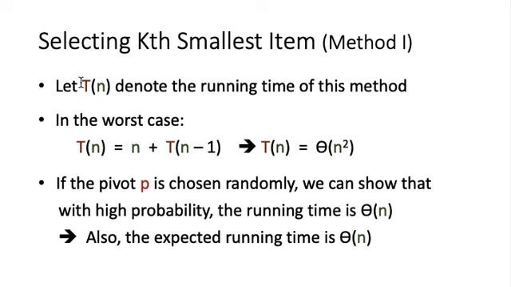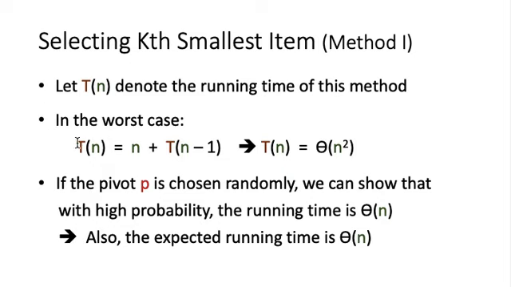Now let us use T of n to denote the running time of this method. In the worst case, what could happen? In the worst case, the pivot is so bad that we are not partitioning things at all, so all the numbers end up in the same group.